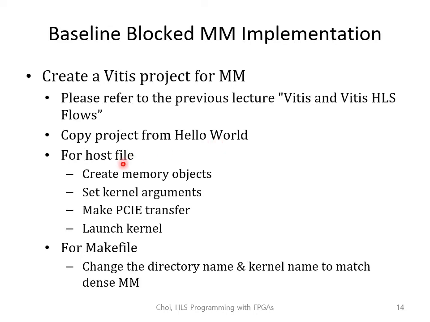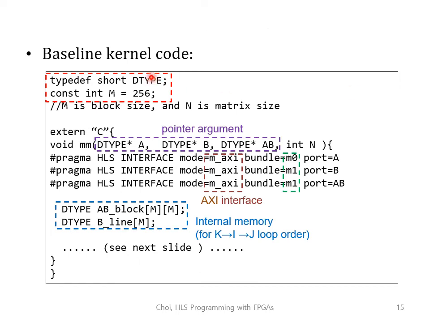For the host file, you can create a memory object for A, B, and AB, and set the corresponding kernel arguments, make the PCI transfer, and launch the kernel. Remember, right? And for the makefile, you can just change the directory name and the kernel name to match this matrix location.